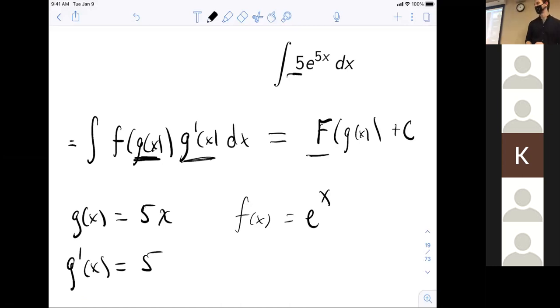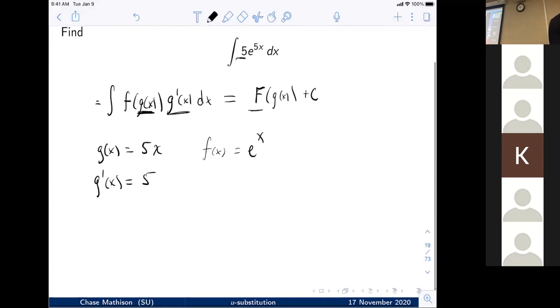Yes, exactly. The outside function is little f. So the only thing we need to find then is what is an antiderivative of little f, and then we're golden.